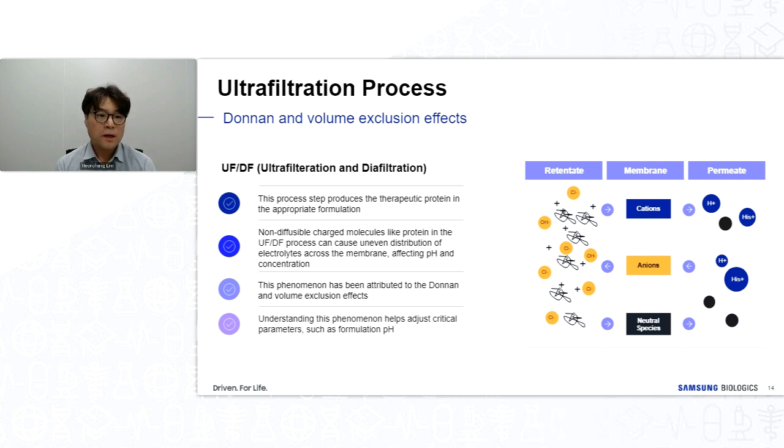Therefore, after identifying the optimal pH and buffer during formulation development, it is important to perform TFF characterizations. These characterization studies allow the identification of the appropriate buffer and pH so that at the end of the UFDF process, the final target pH can be achieved.